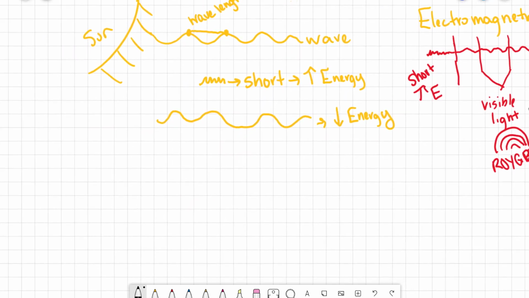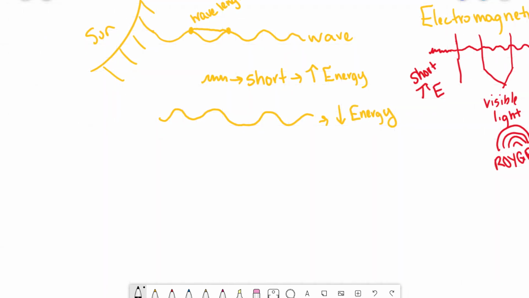Now, wavelengths are made up of little packages, like a little Christmas package, called photons. And these are full of energy, and we are going to make use of that energy to make food for the plant.